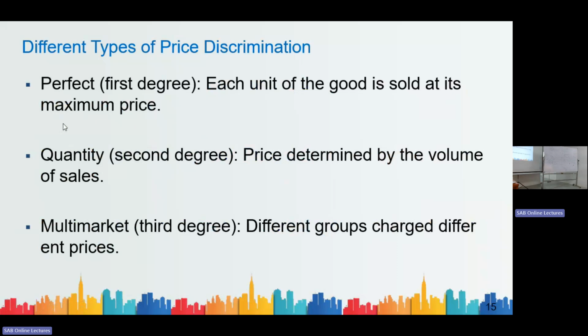Each unit of the good is sold at its maximum price. This is first degree price discrimination, in which the firm charges the maximum willingness to pay from individual customers. So the firm should have knowledge about the maximum willingness to pay of each customer that the firm caters to.